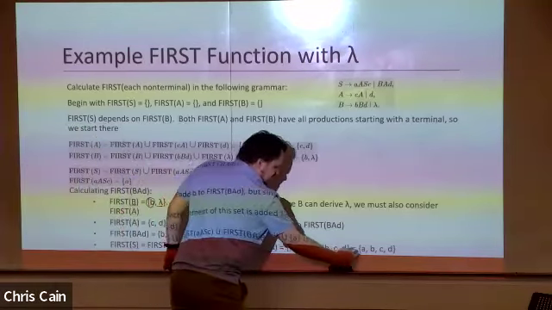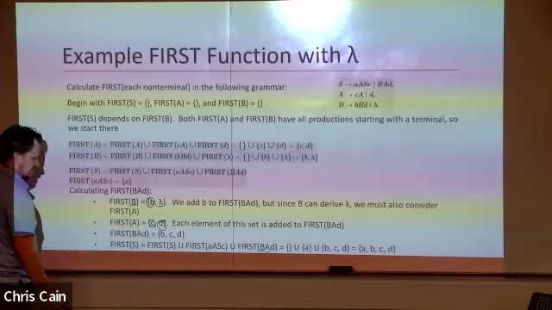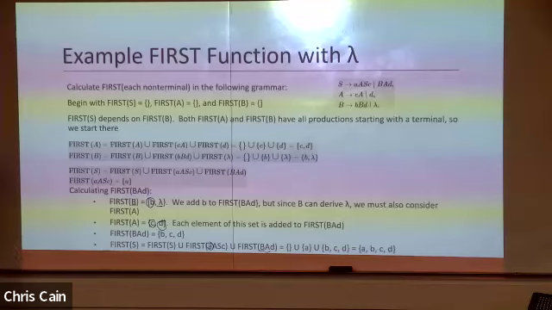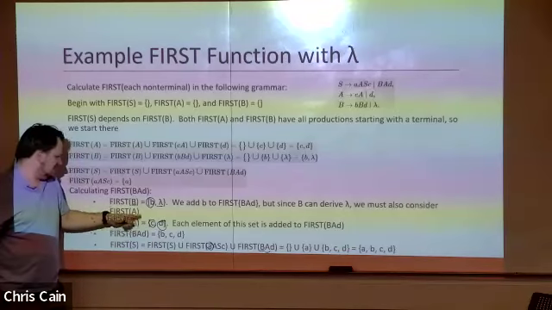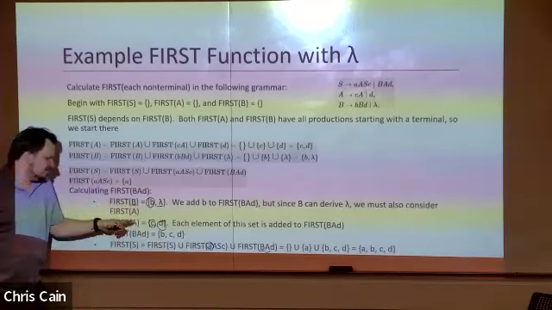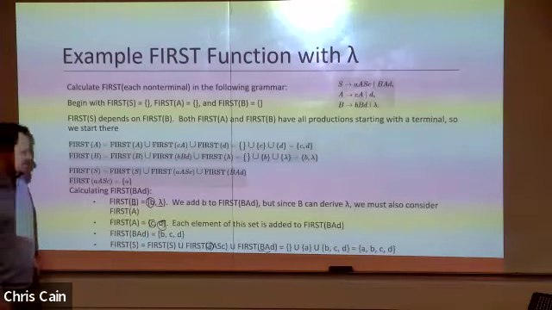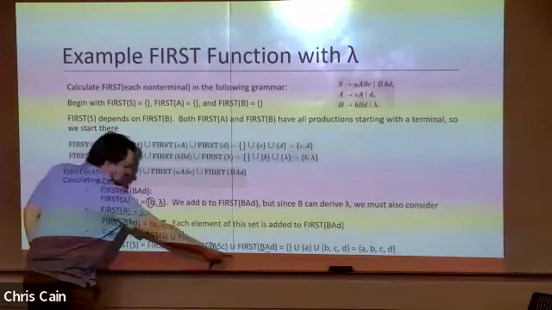It said we had to look at the A, so we looked at the A here, and the other option for the lowercase a came from right here. So we can see that there is a way to derive A and B and C and D directly from S. But it relies on seeing that this B can derive a lambda, which means that we need to check the next non-terminal.